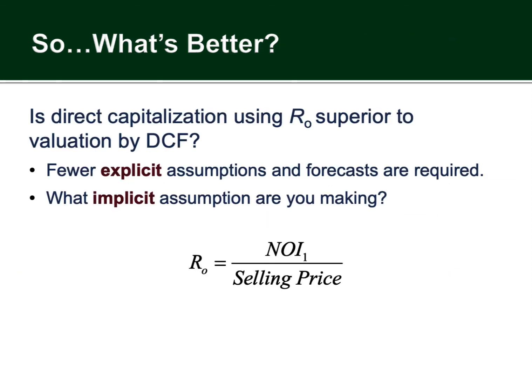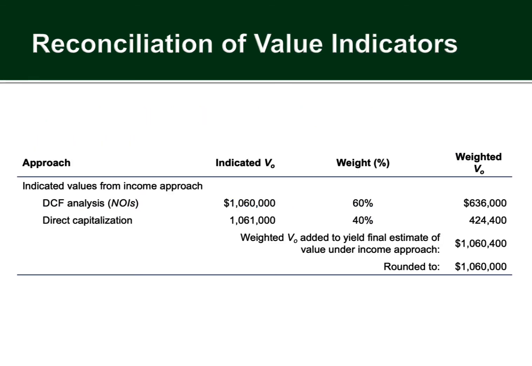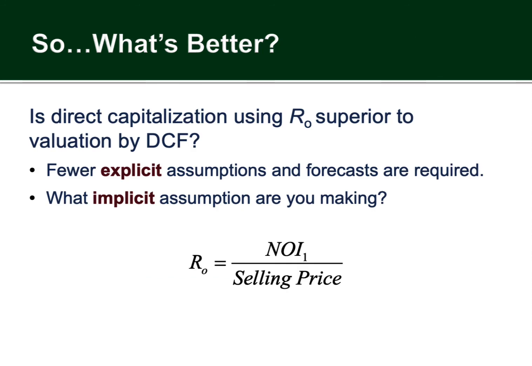Given how similar these estimates of value were under the two income approaches that you saw in the last slide, I mean, they differ by 1,000, you might ask whether we really need to do both. And if you're doing real estate valuation for a bank, they'll often require you to do both methodologies as part of the assignment. They'll specifically ask for both in the contract.